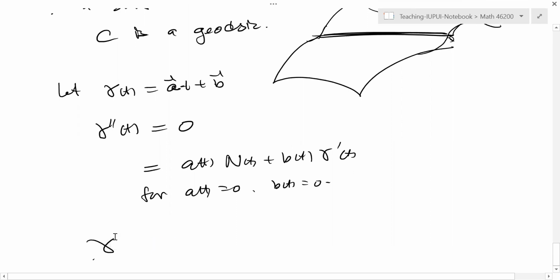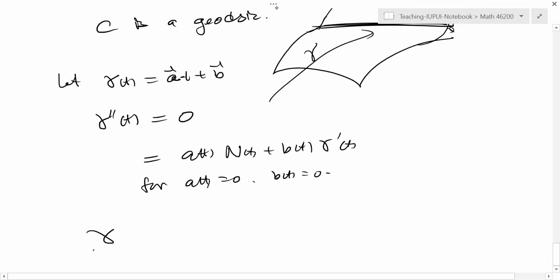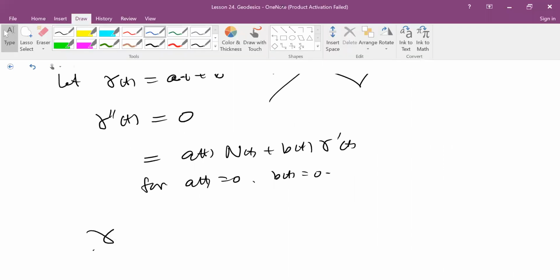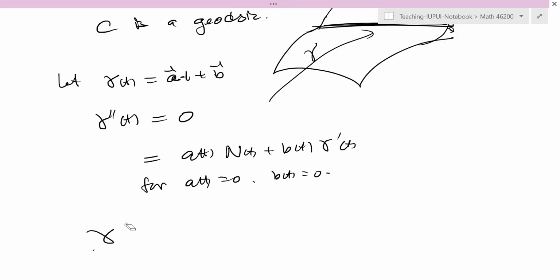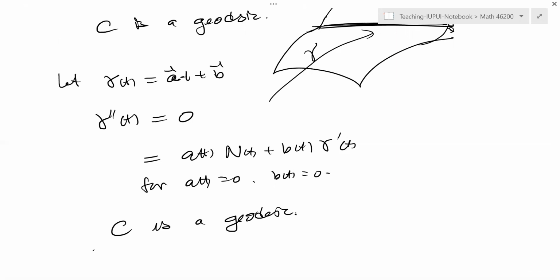We find the parameterization for C, so C is a geodesic. More precisely, a geodesic should be a curve on the surface, but we don't want to commit to any parameterization.